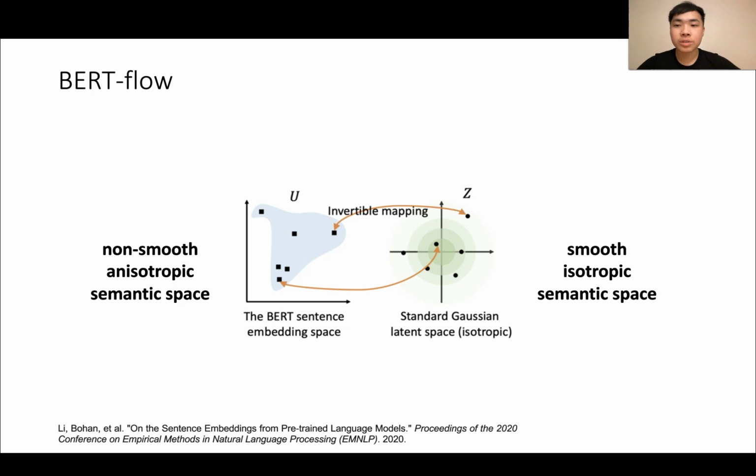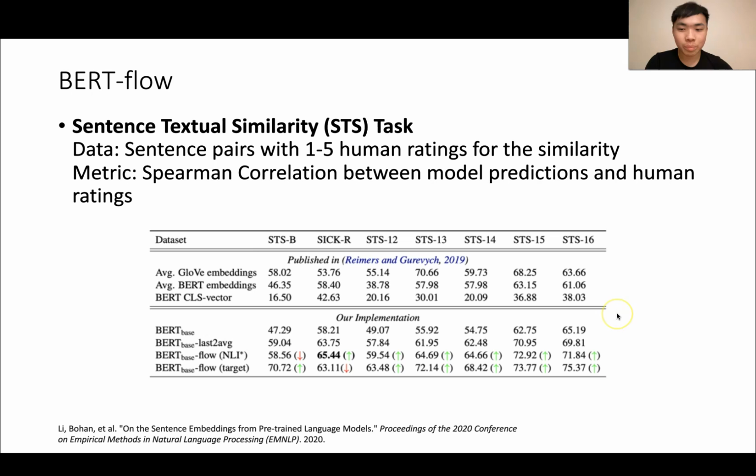So some papers started to try whether we can fix the BERT embedding by doing some transformation to the embedding space. In this paper, BERT-flow, they try to do an invertible mapping from the BERT embedding space to a standard Gaussian latent space. By doing so, they can improve the performance on the STS task. The STS task here is a semantic textual similarity task.